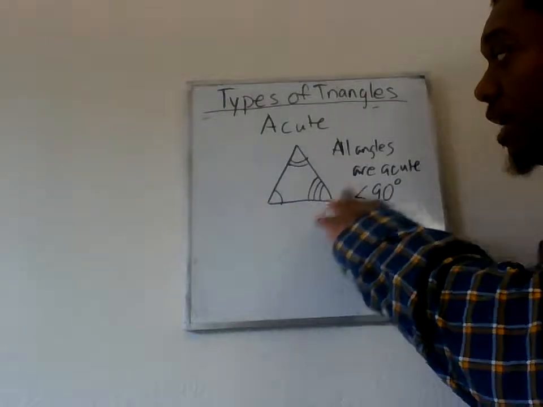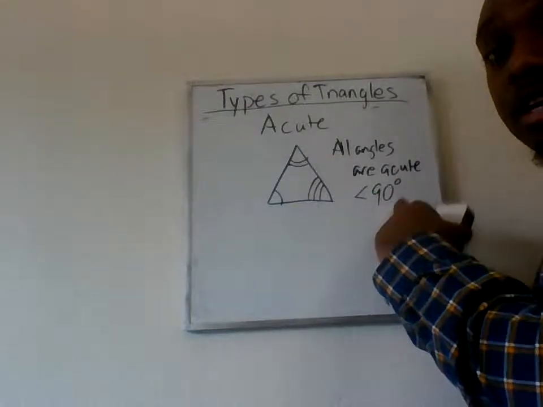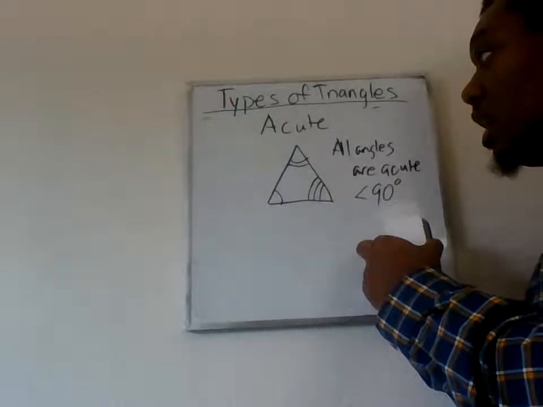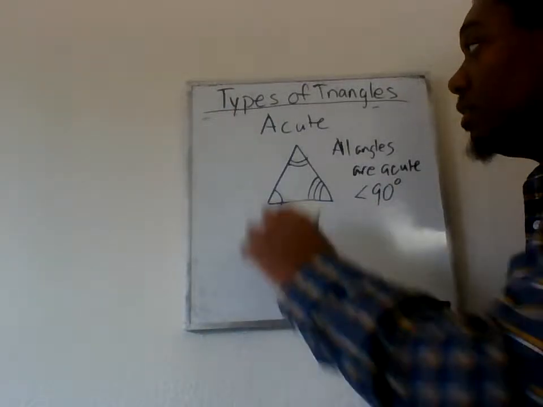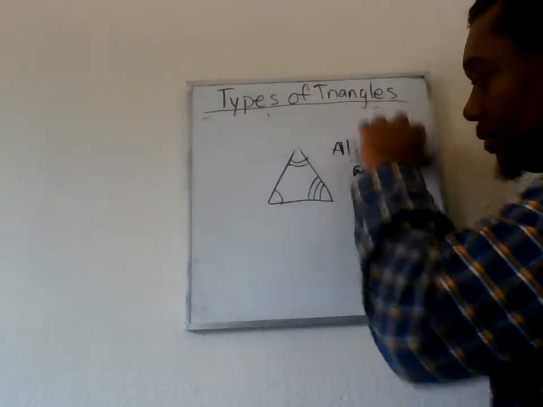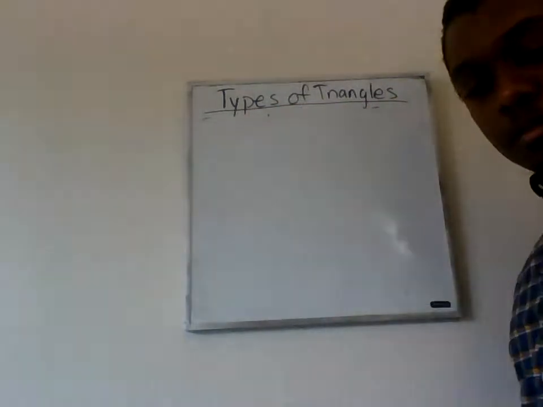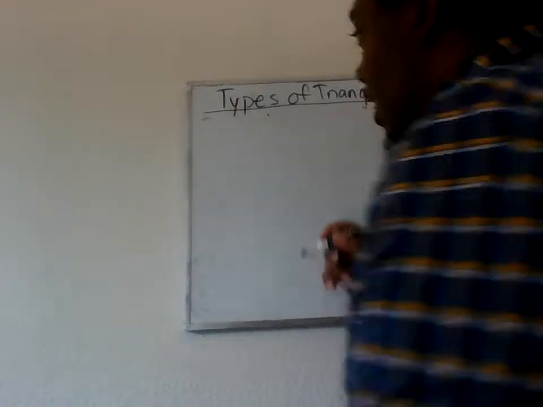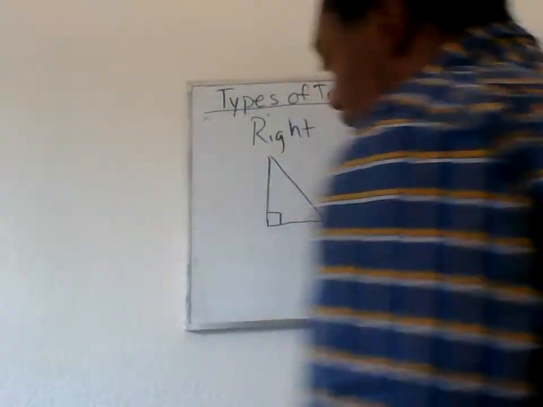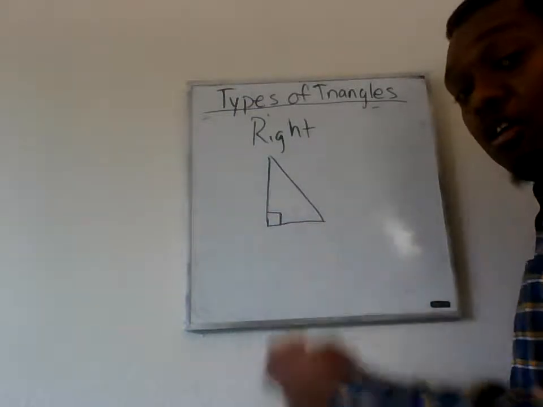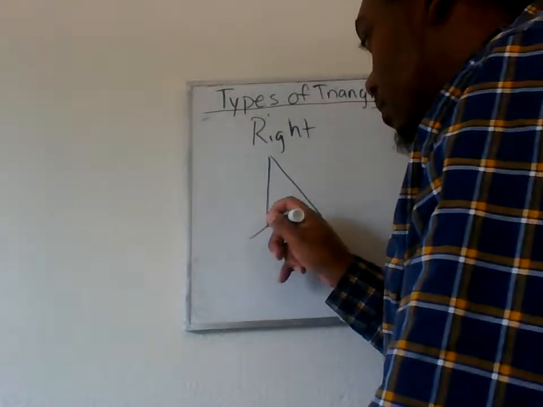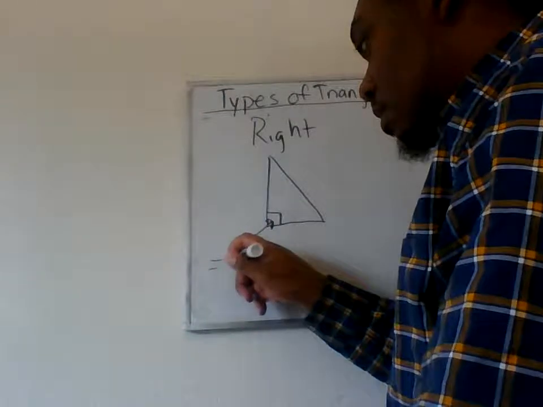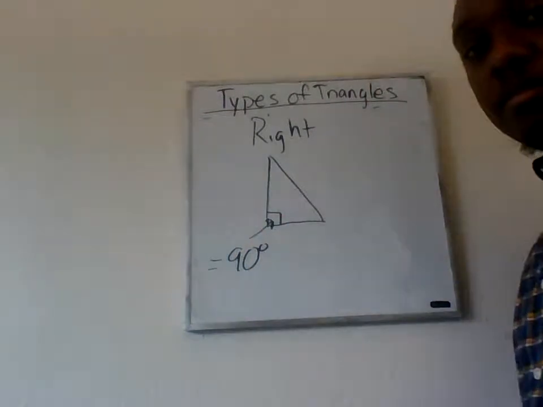So an acute triangle has all angles acute, and so therefore they're less than 90 degrees. So let's look at a right triangle now. A right triangle is very, very common. And from its name, you probably can figure out that it has a right angle in it. In other words, this angle has to equal 90 degrees.